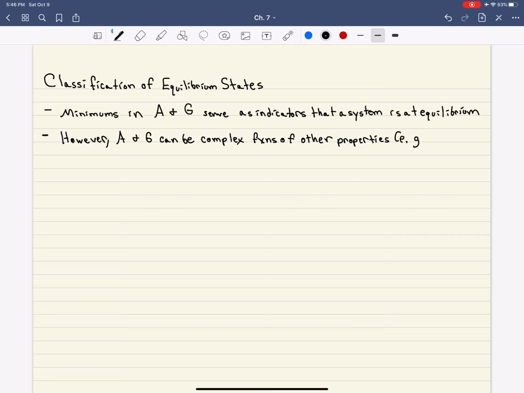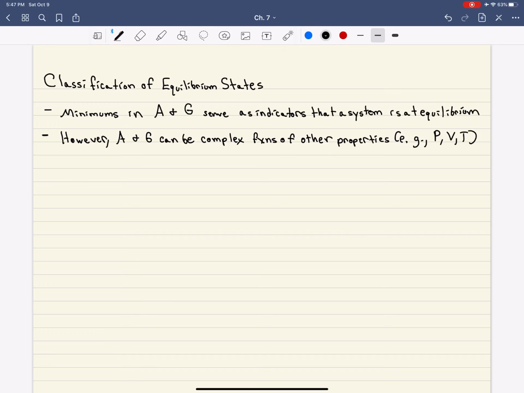So for example, pressure, volume, and temperature. Okay? And so, if we looked at the Gibbs energy as a function of pressure, we may not just see that the Gibbs energy has a single minimum in its value. We may see that there's many different pressures that minimize the Gibbs energy.